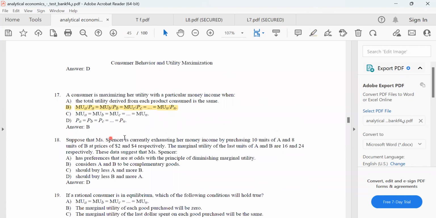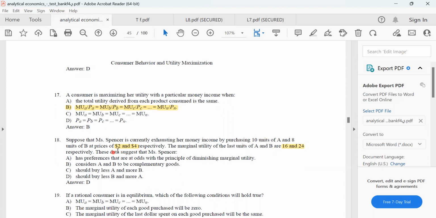Suppose that Mrs. Spencer is currently exhausting her money income by purchasing 10 units of A and 8 units of B at prices $2 and $4 respectively. The marginal utility of the last units of A and B are 16 and 24 respectively.